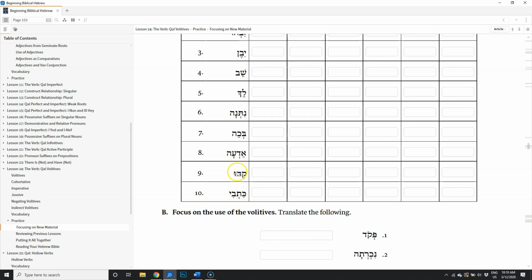Shva and only 2 root letters, that just doesn't work for perfect. It's not an infinitive because it has a shuruq suffix. Infinitives can hold suffixes. You know, there could be a 3ms suffix here, but that would be a holem vav rather than a shuruq. And so we're left with imperative. And since it's got the shuruq here, that's going to be the 2mp imperative of lakach. We lost the lamed here.